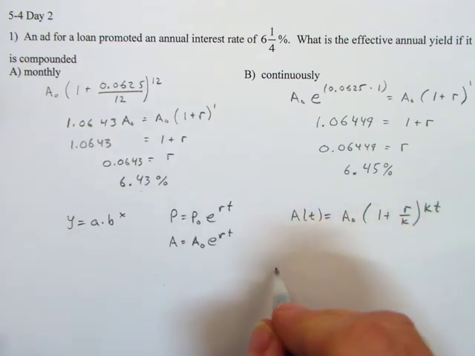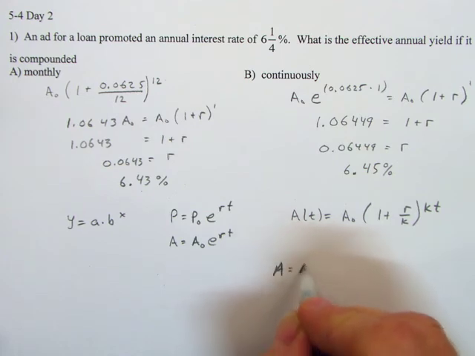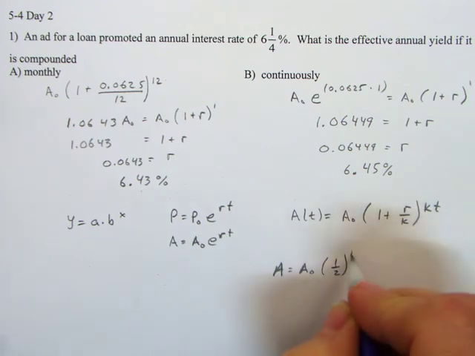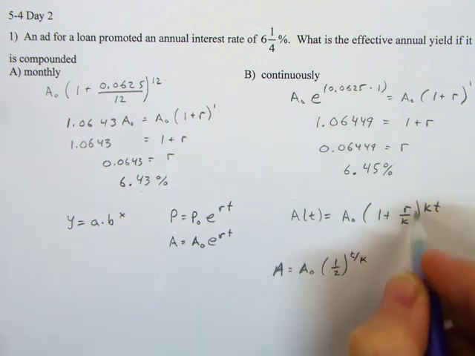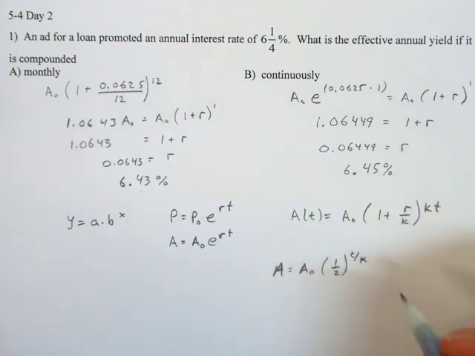We also have our half-life problem. We could say a equals a sub 0 times 1/2 to the t over k. Now these k's are different k's. What you want to recognize is that they're all really the same equation.